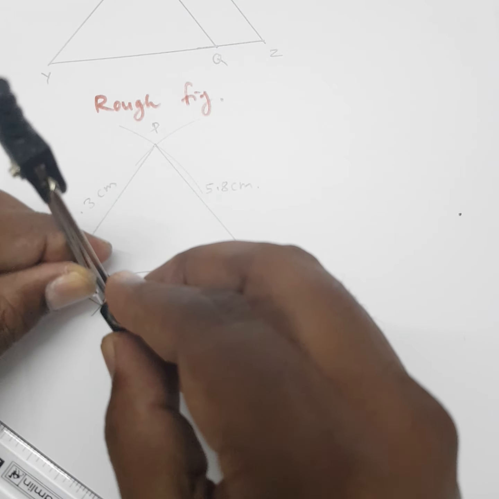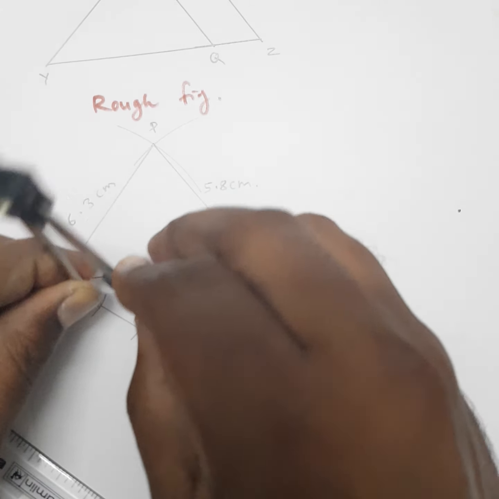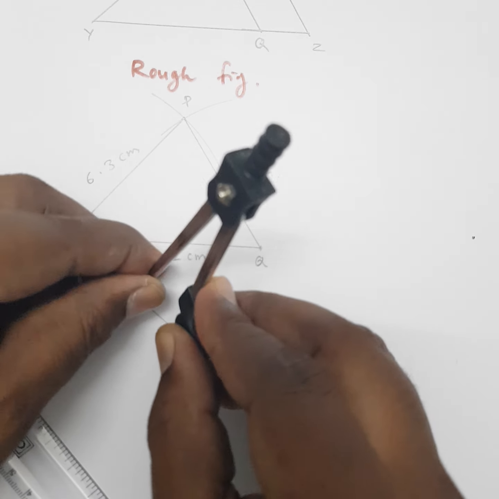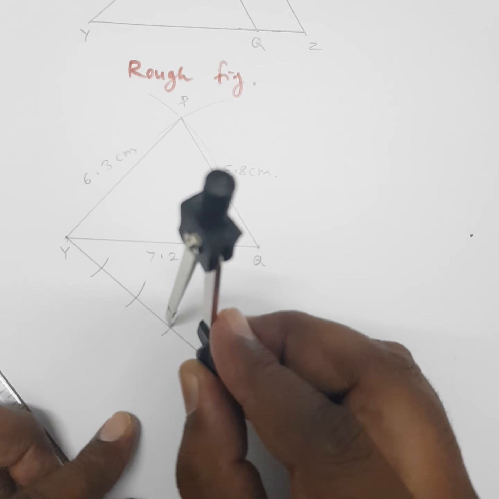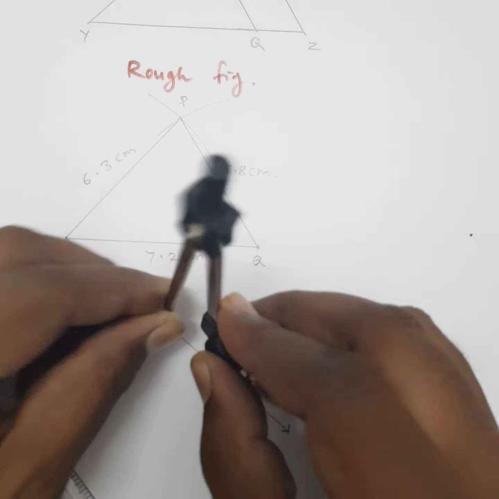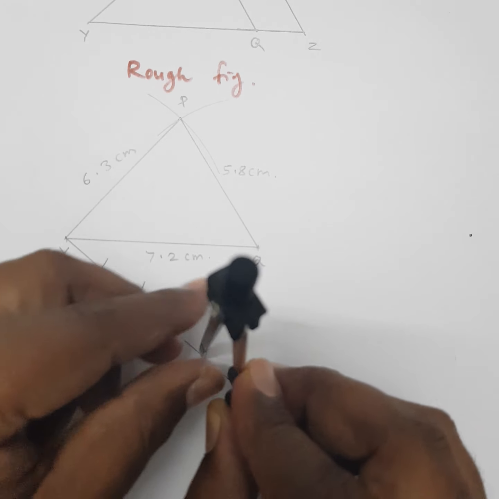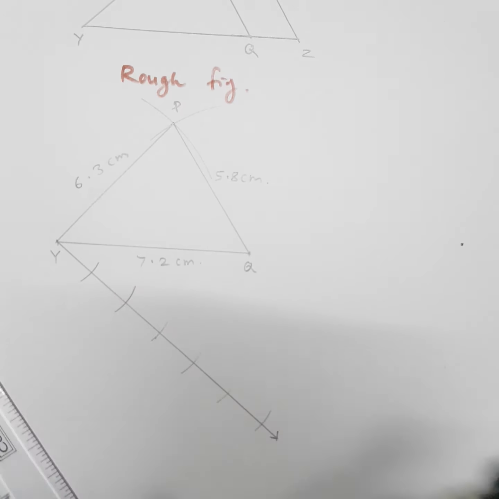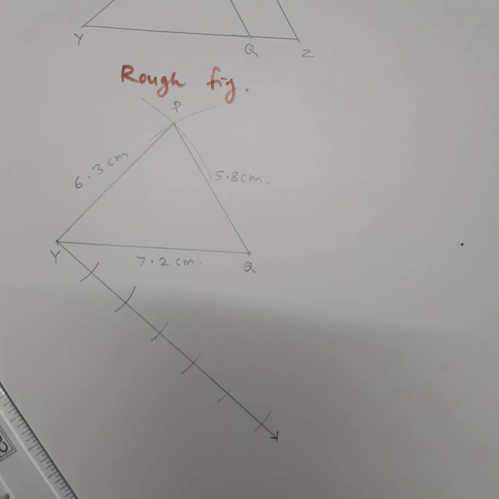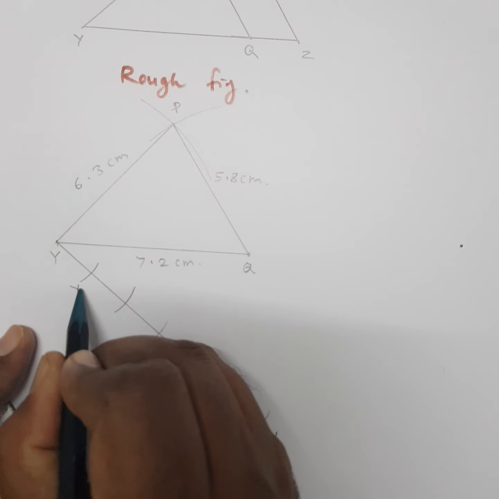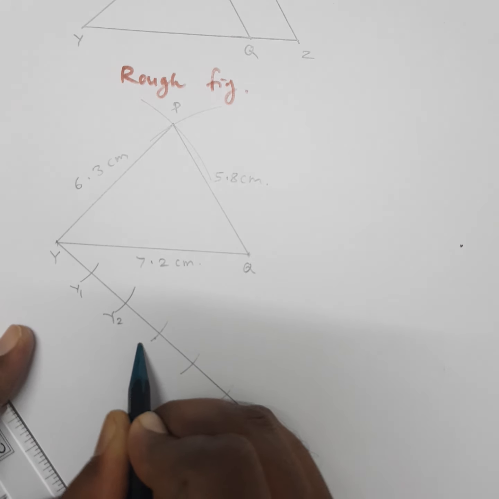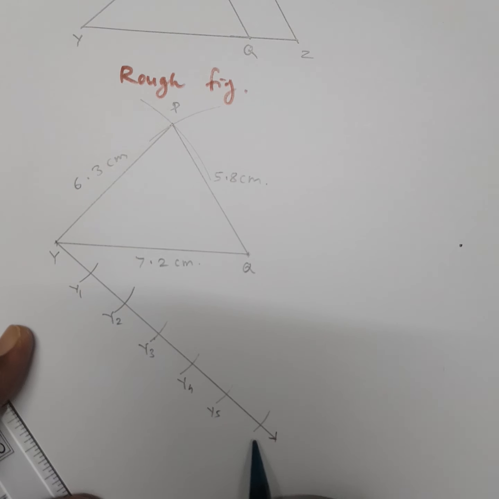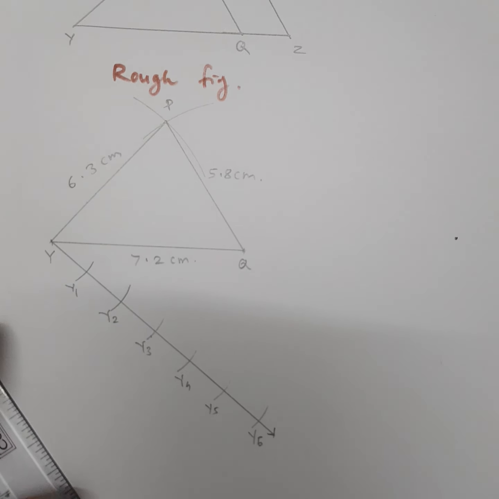1, 2, 3, 4, 5 and 6. So give the names to the points as Y1, Y2, Y3, Y4, Y5 and Y6.